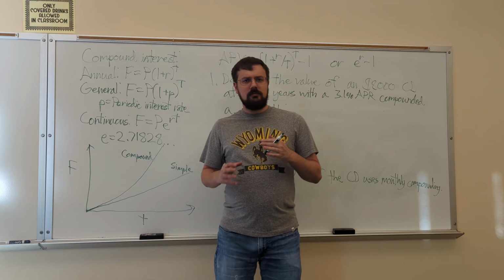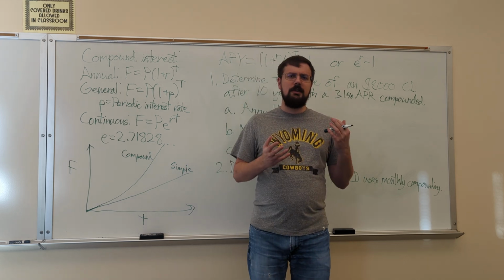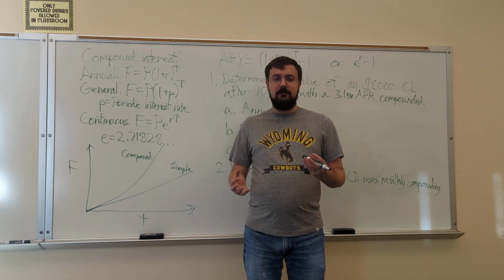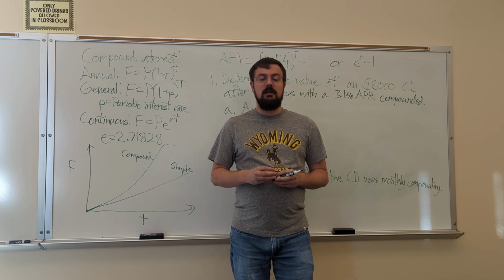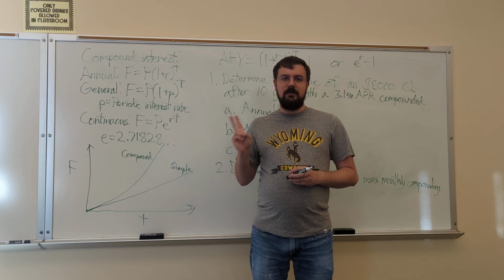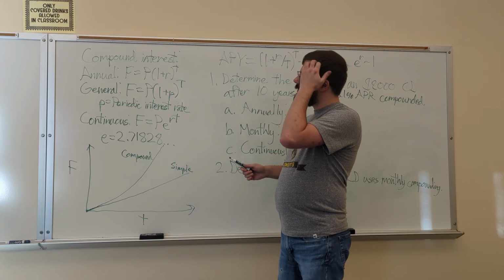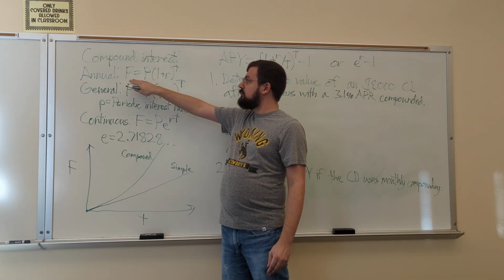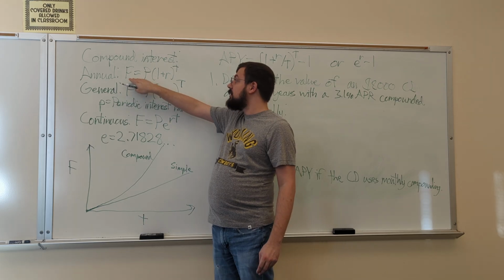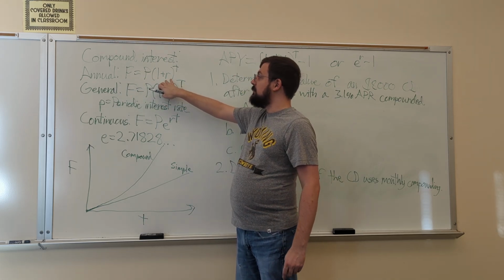So when we are dealing with compound interest, there are a few different formulas that we can use to figure out what our final value is given the term, the interest rate, and the principal. The first one of these is for annual compounding. In this case, our final amount F is going to be our principal times (1 plus r) to the t.